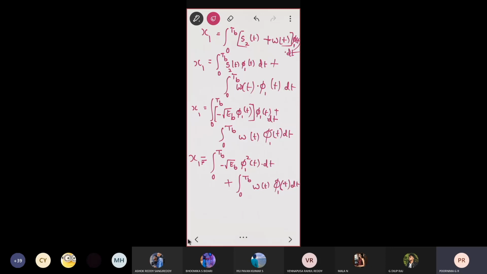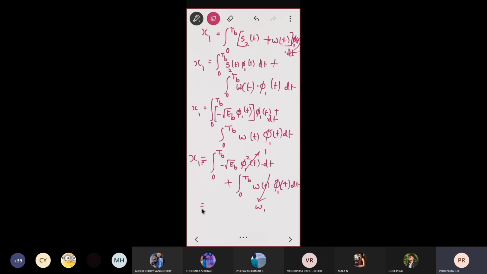If we simplify this further, what is the phi 1 square of t value? The unit energy of a basis function, what is its value equal to? This value will be equal to 1, and this value will be equal to W1.